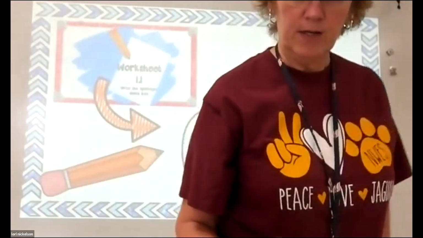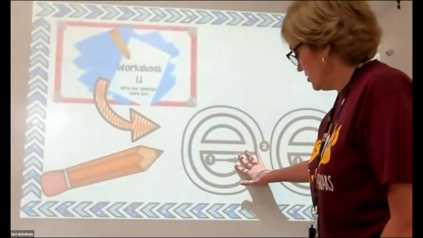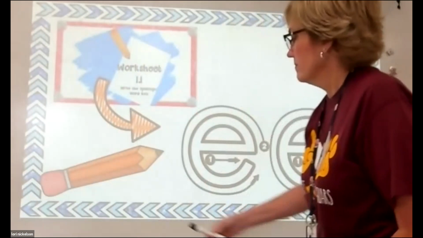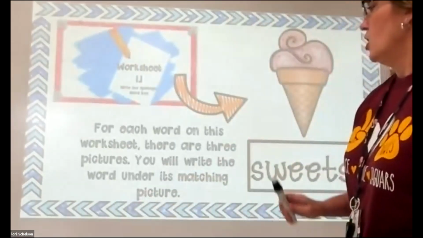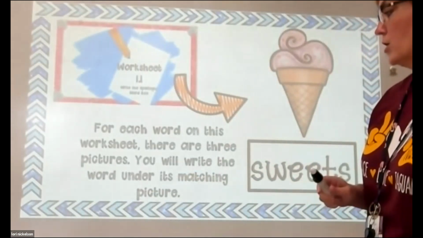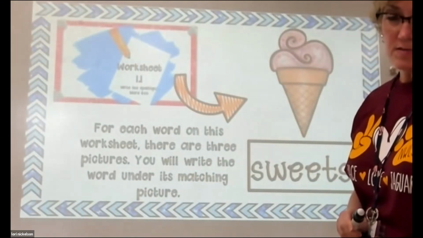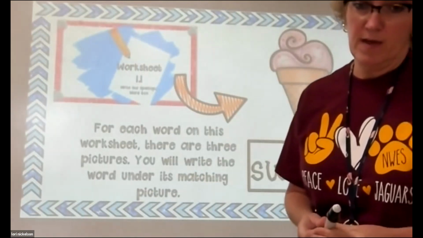All right, so now let's move forward here. You're going to practice your EEs. And then on the back of that sheet, there are pictures, and you have to write the word under its matching picture. We've done that one before also. I can share with you that one too.